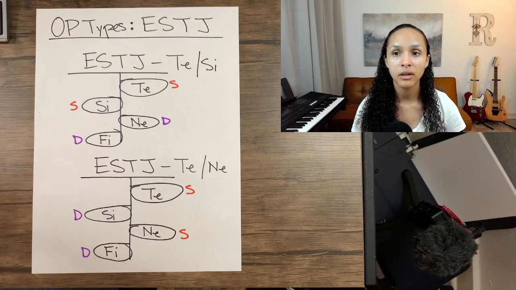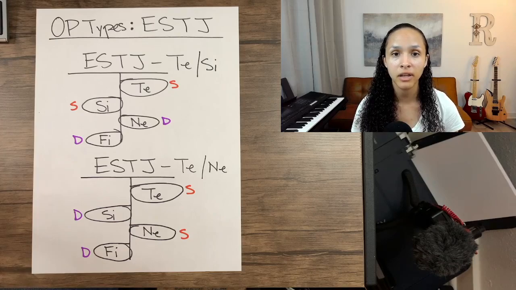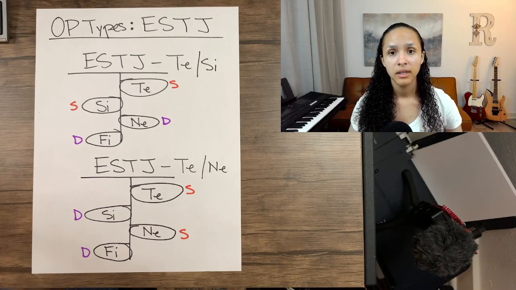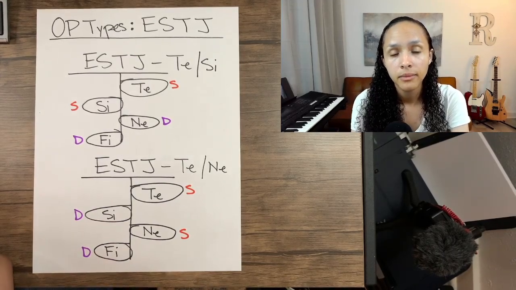FI loves what it loves, doesn't like what it doesn't like, and ESTJs need to let themselves go there and let themselves make those personal decisions, not apologize for it, not have to justify it, but just stay true to it, live by it. And yeah, that is freedom for them.